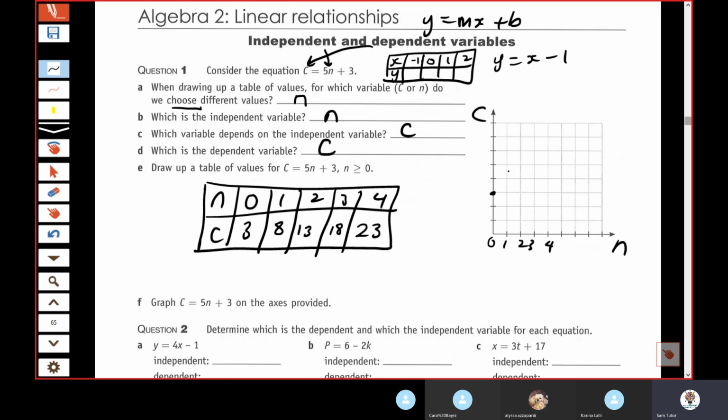When it's at 1, we're not going to be able to fit this in. So it's not going to be like that. It's going to go up by probably 5, 10, 15, 20, 25. 0, it's at 3, so let's just say there. 1 is at 8, there. 2 is at 13, there. 3 is at 18, and 4 is at 23.